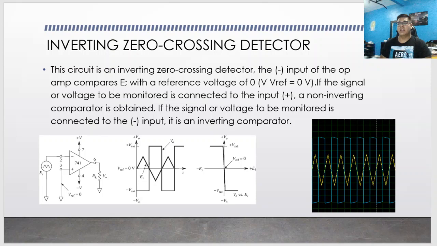If the signal of voltage to be monitored is connected to the negative input, it's an inverting comparator. Can we see the connection and theoretically how to see the signals in the oscilloscope?